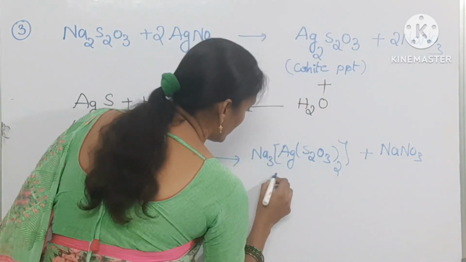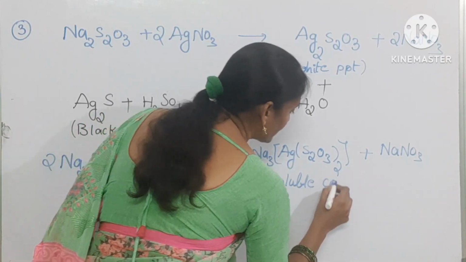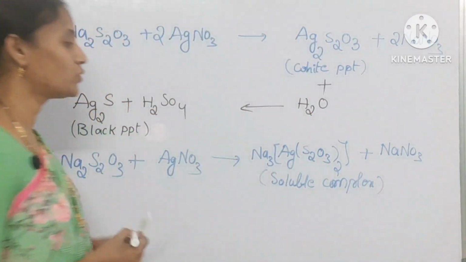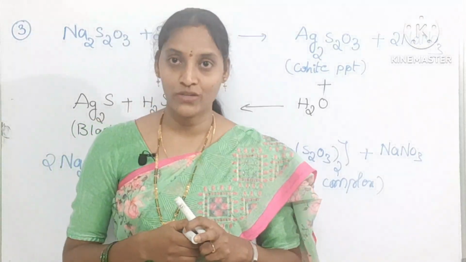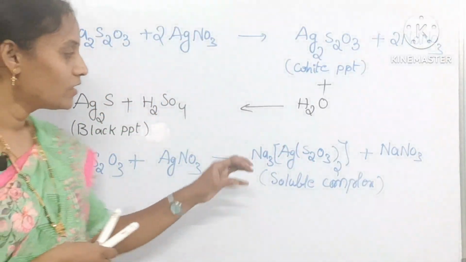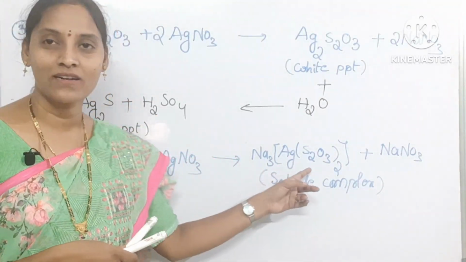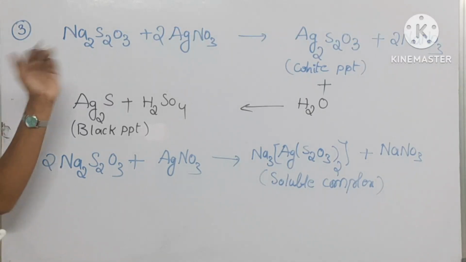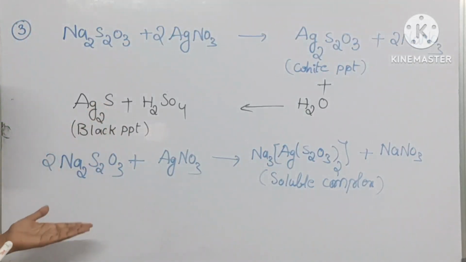This soluble complex is used as a fixing agent in photography, so you can immediately tell which complex is used in photography. Okay, this is about hypo reacting with silver; just remember these 3 reactions.